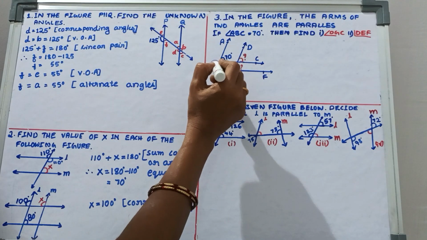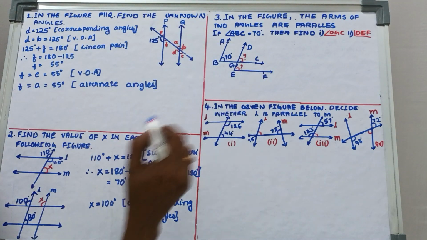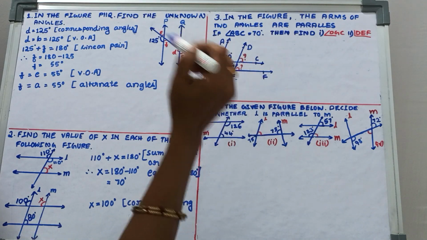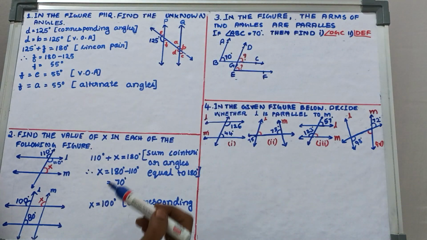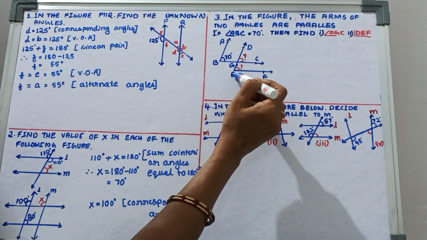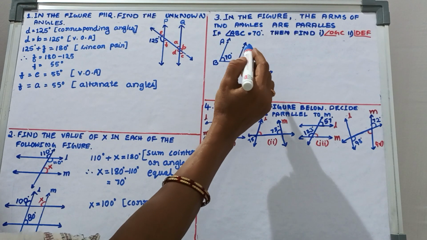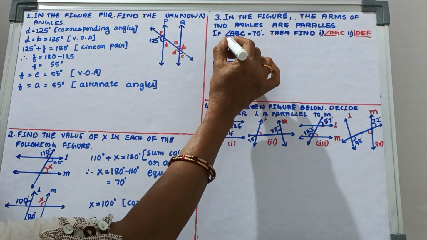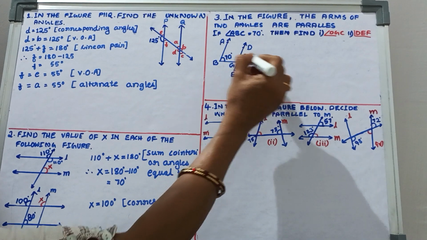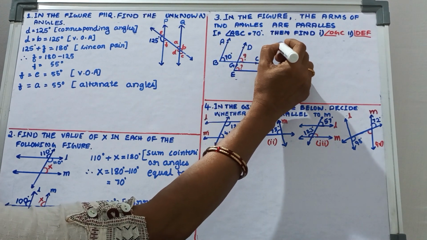Now in angle ABC, AB is one arm, BC is one arm. And in angle DEF, DE is one arm, EF is another arm. Now AB parallel to DE. Then BC become the transversal. So angle ABC equals angle DGC. They become the corresponding angles.